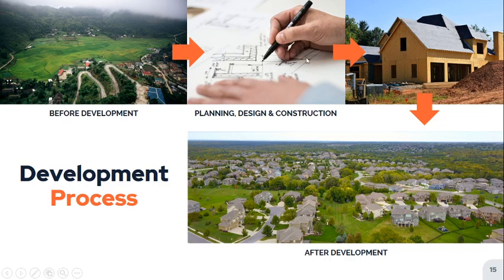So how much is the cost to develop the landed residential houses? And after that, we deduct from the potential gross development value the construction cost and also the developer profit, and we get the value of the land. That's the process.